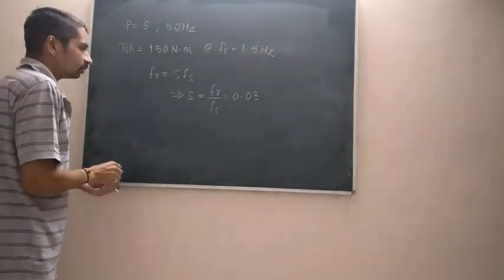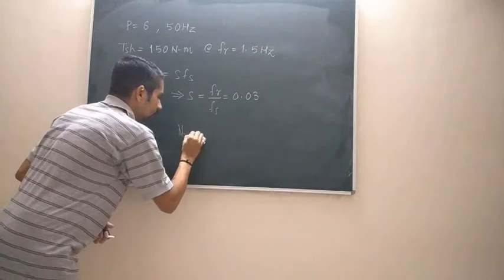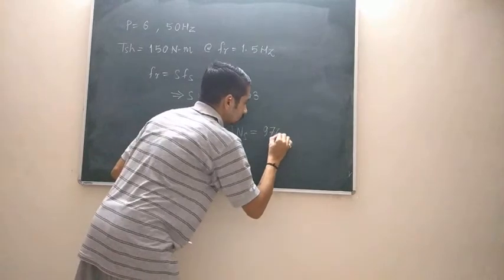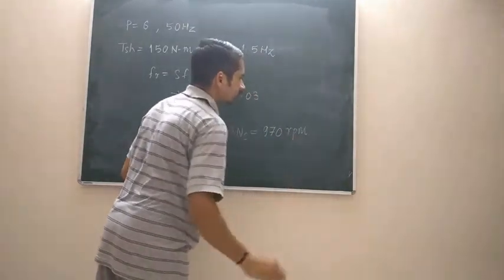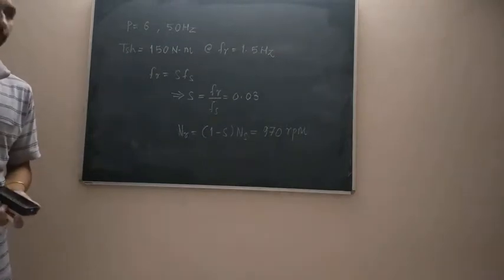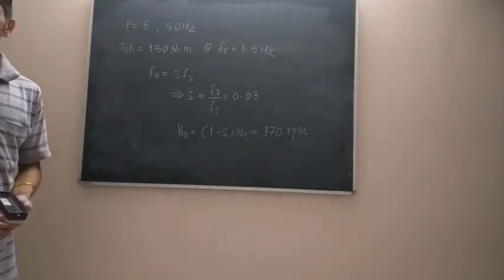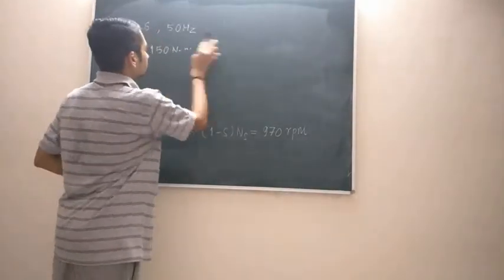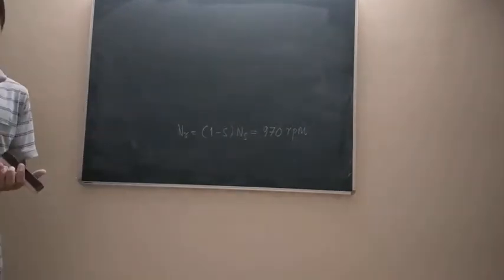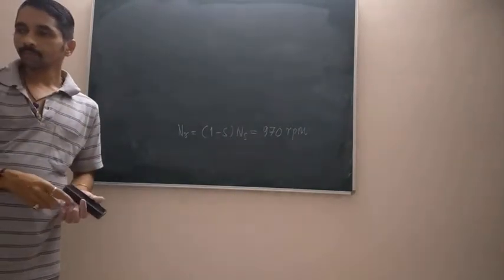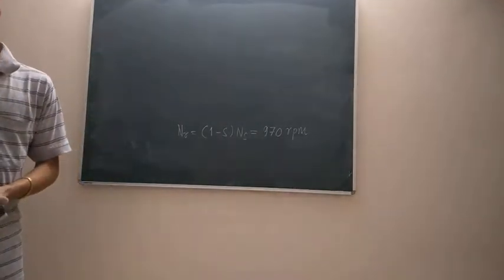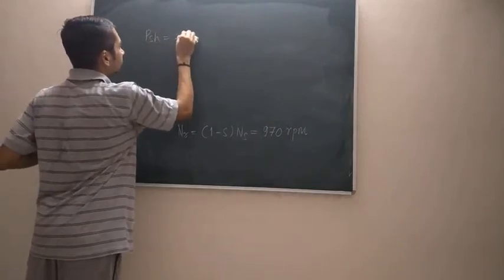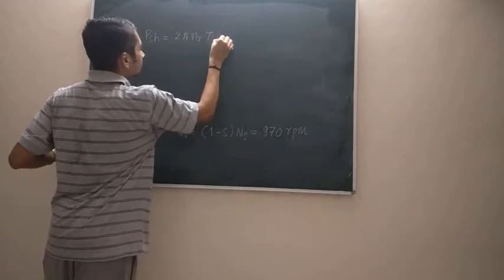In addition, we will also calculate the rotor speed. The rotor speed is (1 minus S) into Ns. As it is a 6-pole induction motor, synchronous speed will be 1000 rpm, and therefore rotor speed will be 970 rpm. Now PSH, the shaft power, is given by the formula 2 pi Nr into torque.